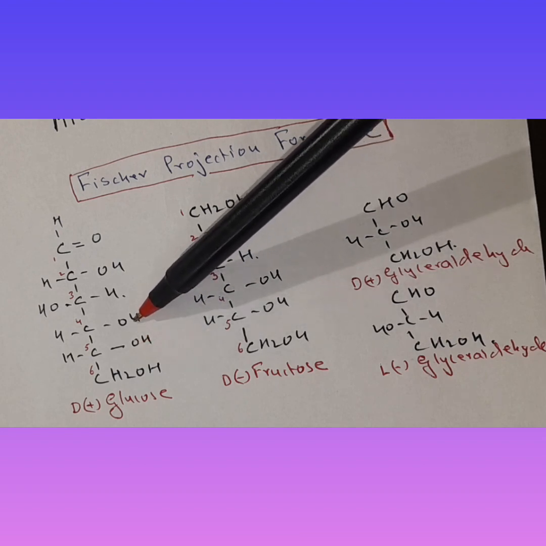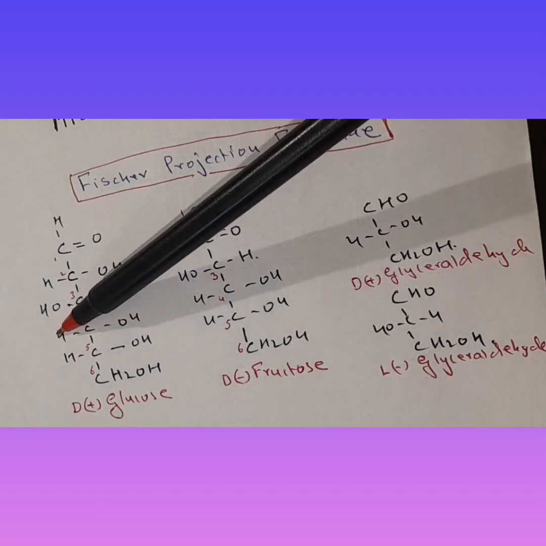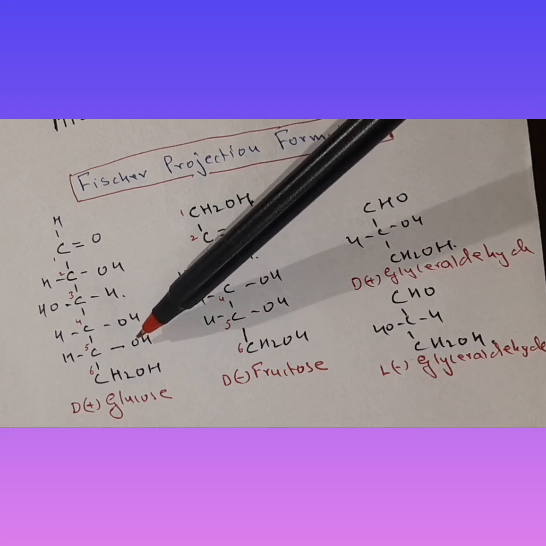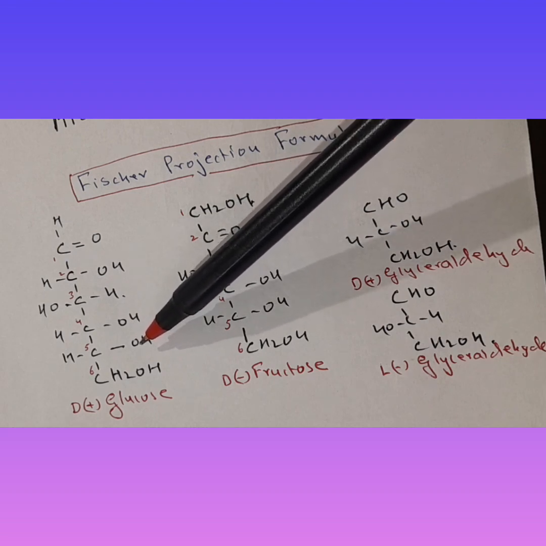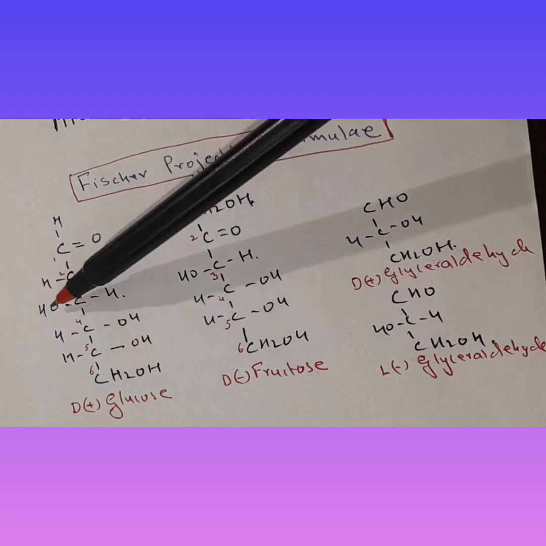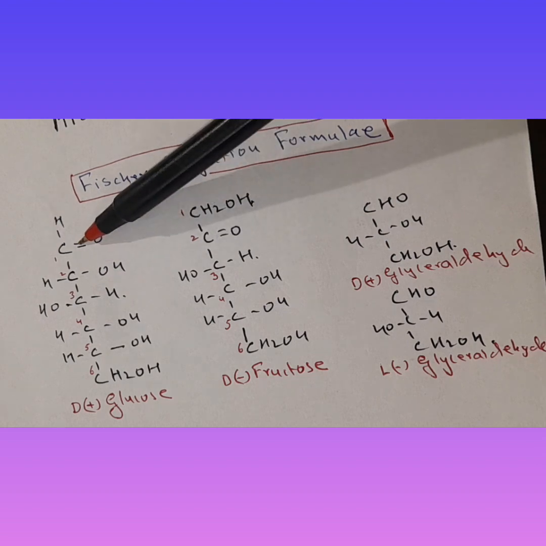If these two are on this side, this one also would be on this side. If this one is on that side, that one would also be on that side. So we have chosen this side. Now this has some configuration which I'll talk about a bit later. OH I have written this side, the other OH has to go that side, then alternate this side, and then obviously the aldehyde.